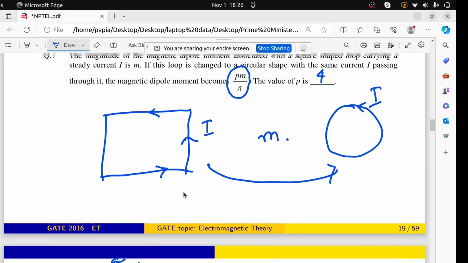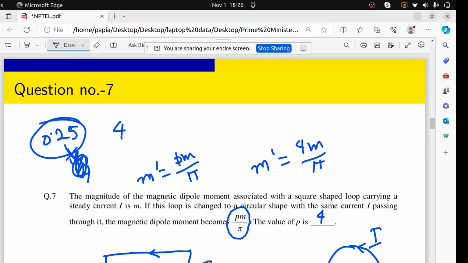So for that case, what I need to focus on is the expression for the magnetic dipole moment, which is I into area.